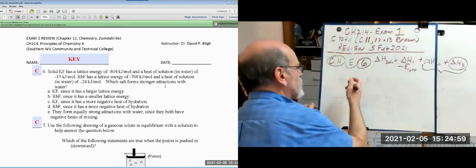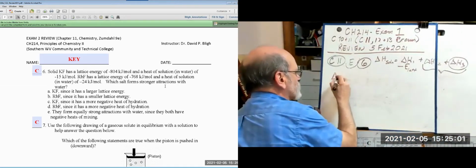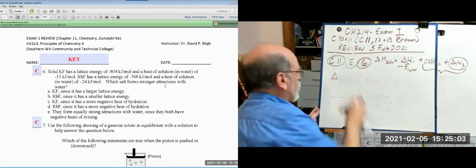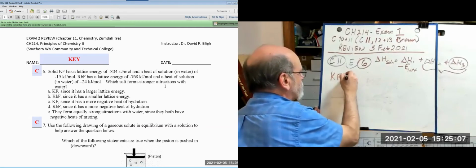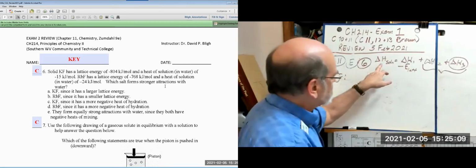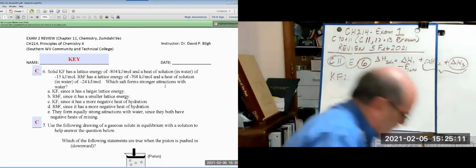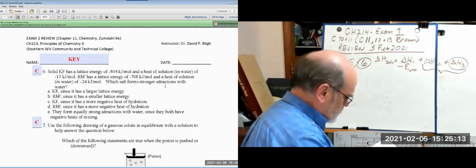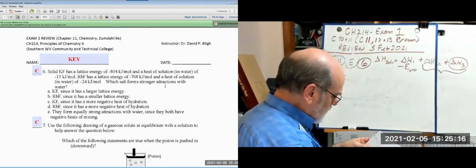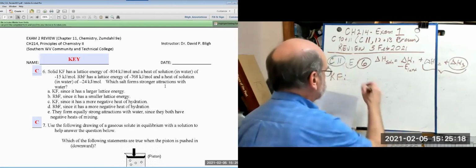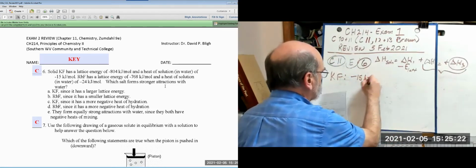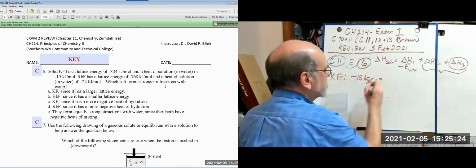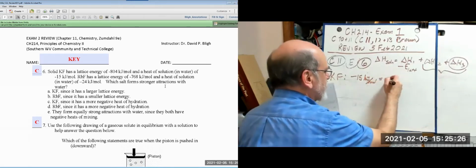Okay, so how about the delta H, let's say for KF? The delta H for the KF, excuse me, is minus 15 kilojoules per mole, and that's equal to negative lattice energy.